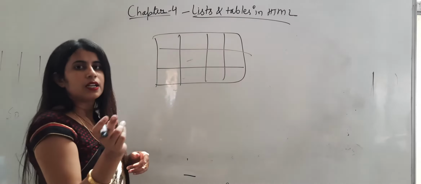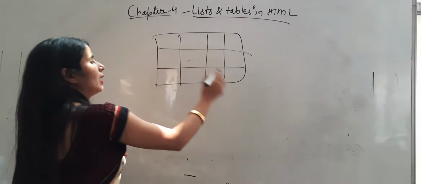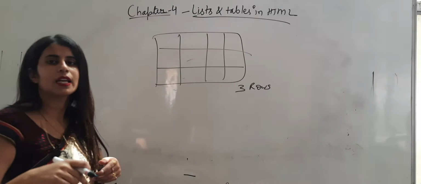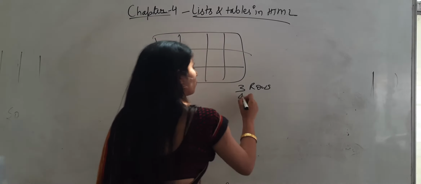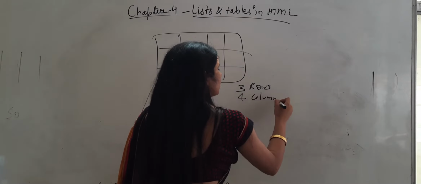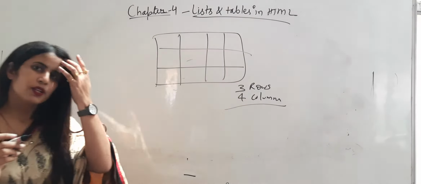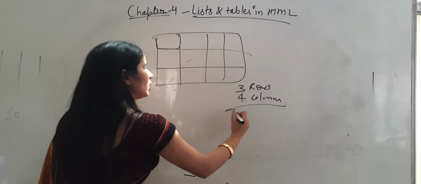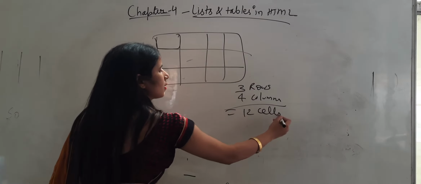How many rows are here? Here 3 rows. And how many columns are here? 1, 2, 3, 4. 4 columns are there. And how many cells does it have? 4 into 3, 12 cells here.